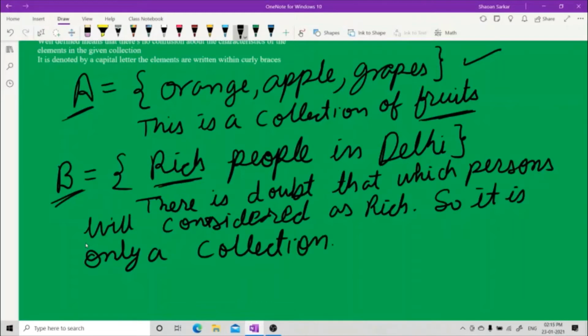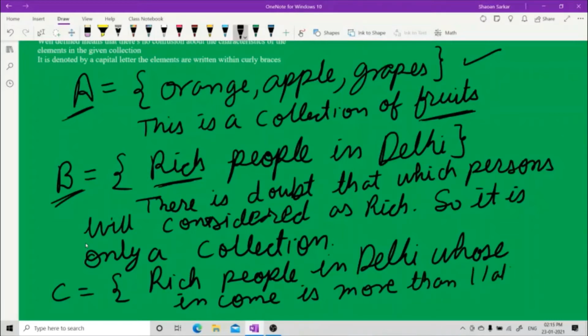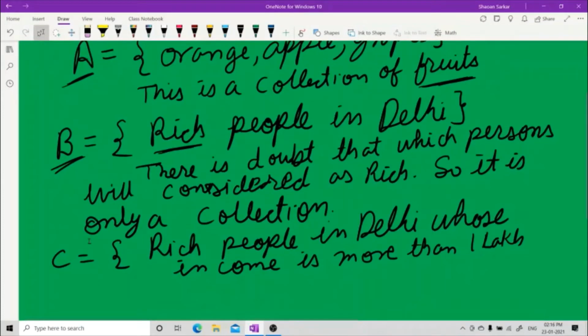Now I take the same set, let us call it C, and I write rich people in Delhi whose income is more than 1 lakh per month.